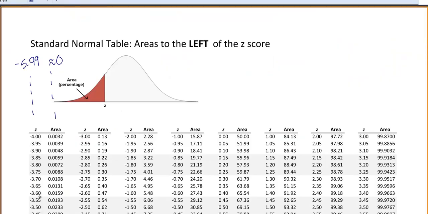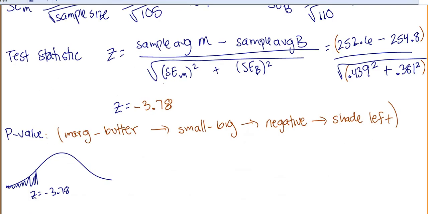We're looking for negative 3.78. So negative 3.80 is pretty close. The area to the left is 0.0072. So my p-value is 0.0072. That is a very small p-value.